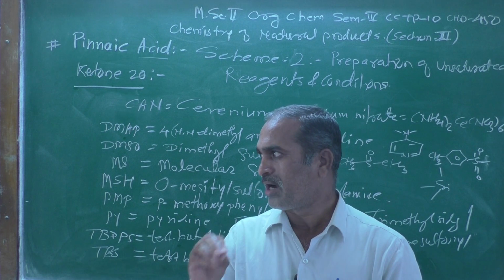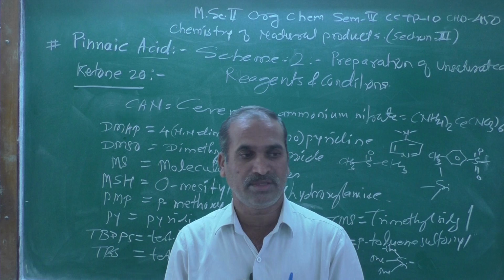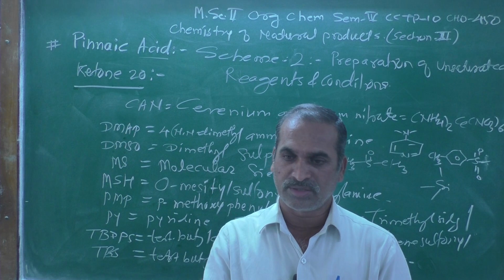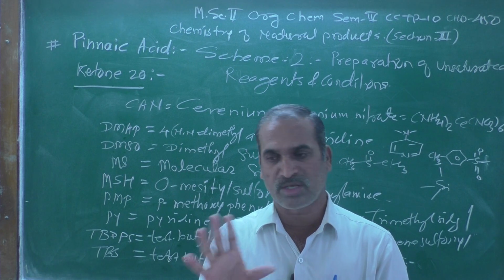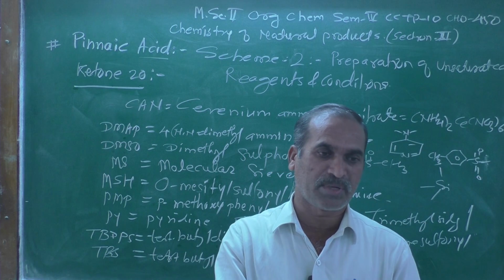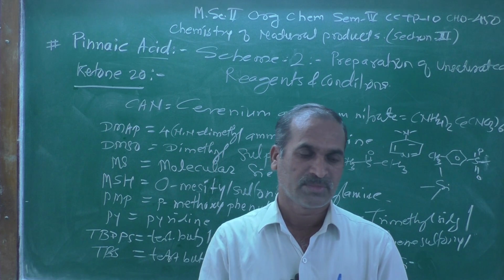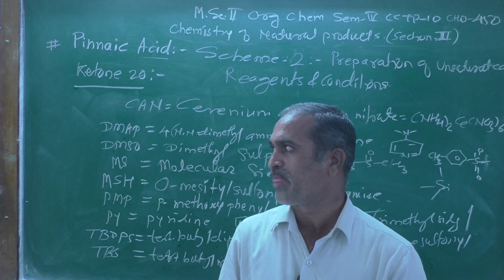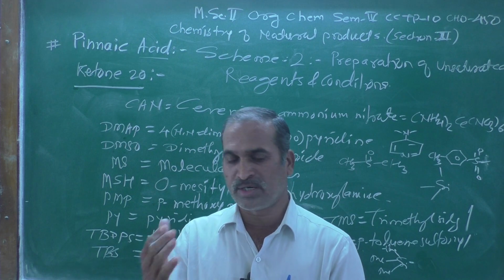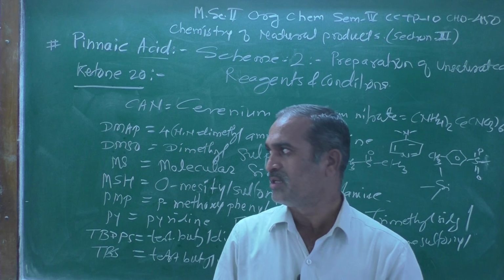like this: hydrazine hydrate, ammonia. We know the structure of ammonia, NH3; when one hydrogen atom is replaced by NH2, that reagent is called hydrazine hydrate. When the hydrogen is replaced by OH, we call it hydroxylamine. If it is replaced by NHPh, we call it phenylhydrazine. Then 2,4-DNP and semicarbazide.